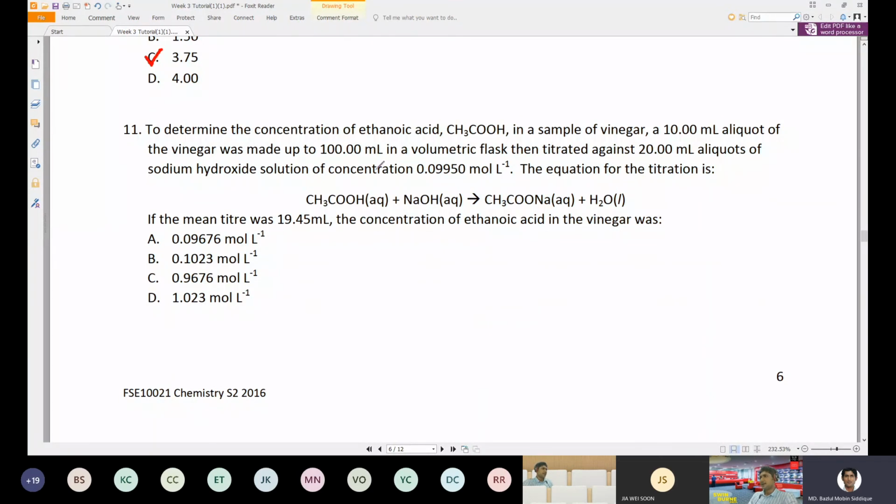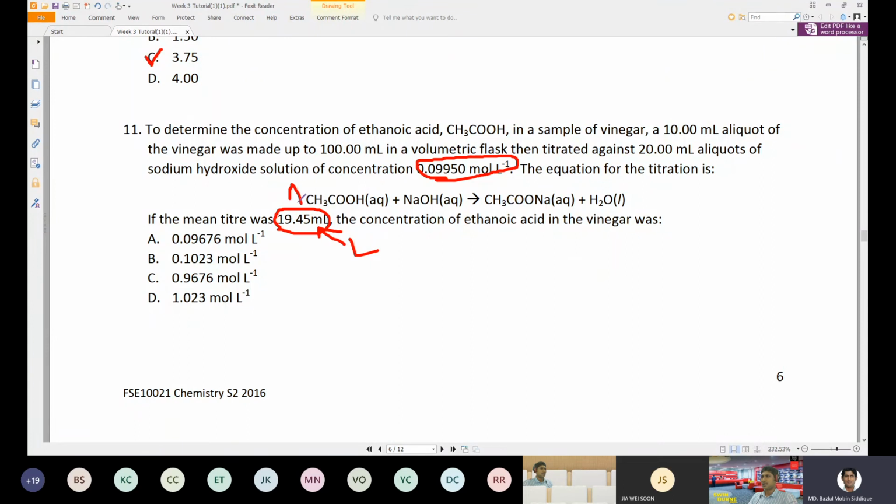Again, find the number of moles of sodium hydroxide, and then it is a 1:1 reaction. This is the volume of sodium hydroxide. This is the concentration of the sodium hydroxide. So we multiply these two, of course the volume has to be converted to liters first, and we get the number of moles.